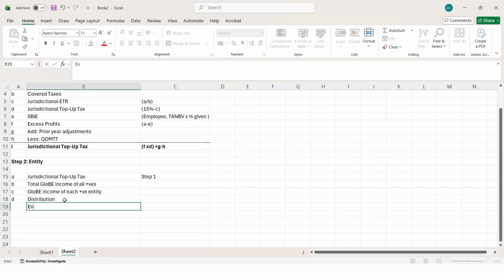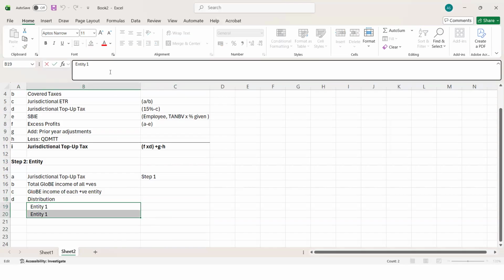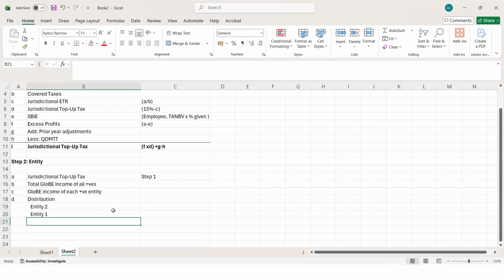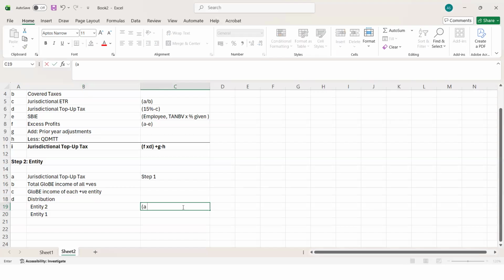Distribution. So entity 1, entity 2, etc. will get distributed in the ratio of... entity 1 will be in the ratio of what? A into C by B. Correct?